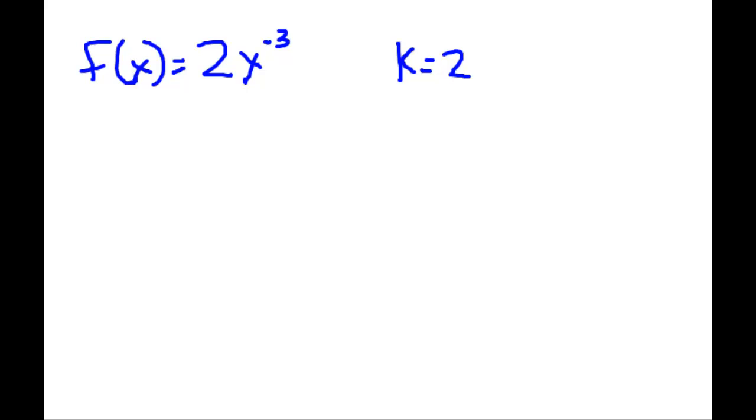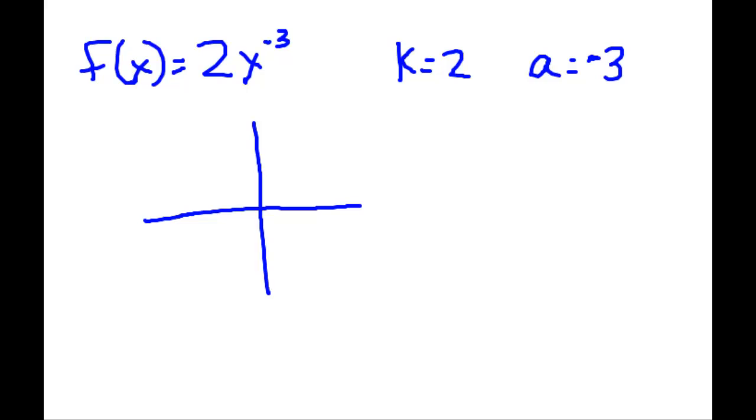Our power, which is our a, is -3. Because it is negative, it is going to be asymptotic to both axes. It will pass through 1, 2, and will look like that. Asymptotic to both axes, going through 1, 2.